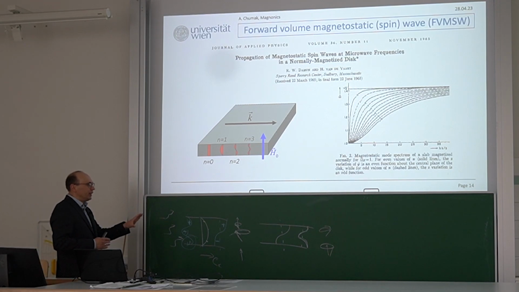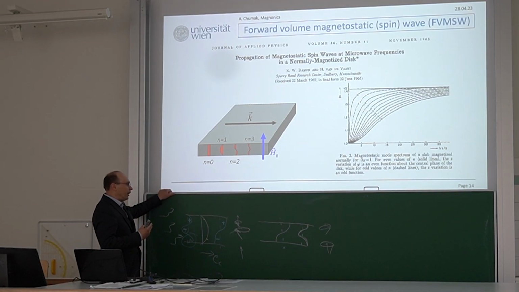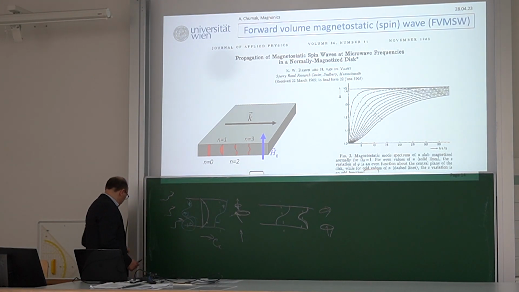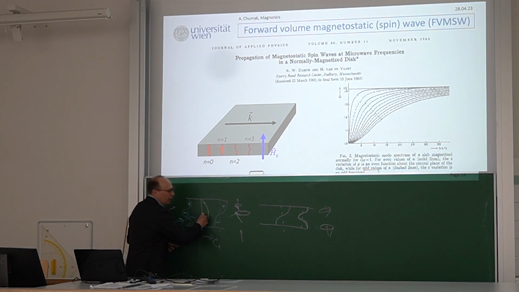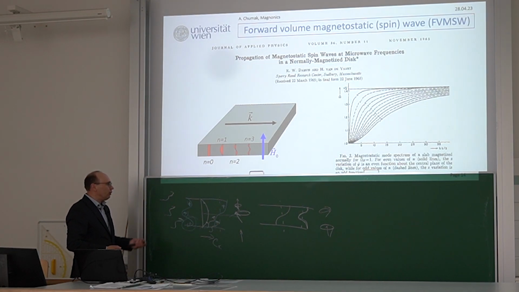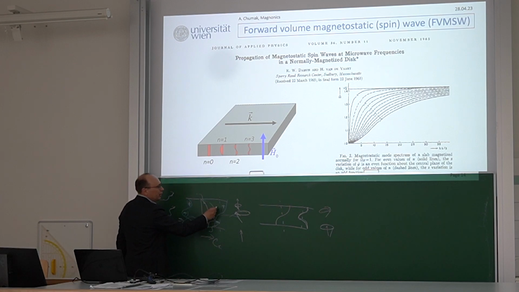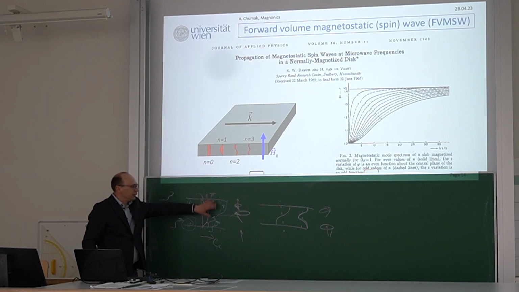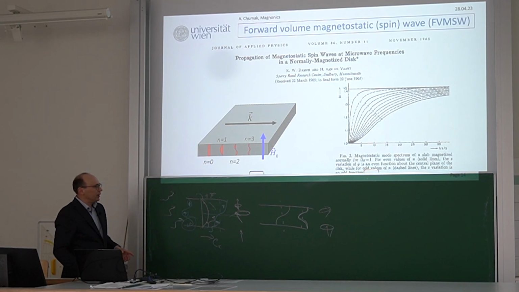If you work with this case, magnetostatic, if you want to excite an even mode, you need to find a way to irradiate not all of your sample, but only half of it. So you need to think about some fancy antenna so that only half of it will be irradiated. Or ideally two of them, but with some phase shift of pi. Then you will be able to excite this one.